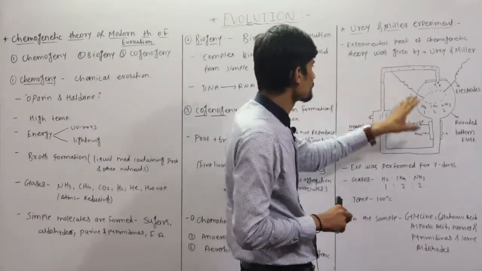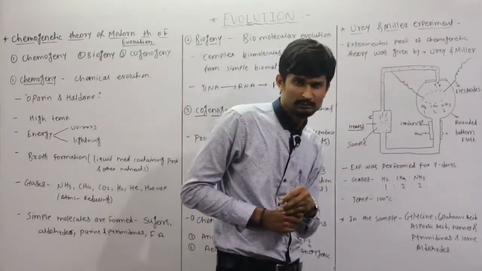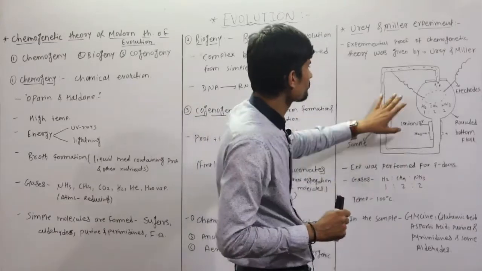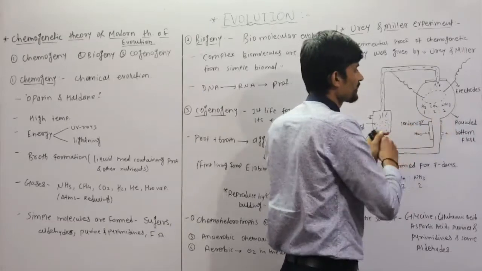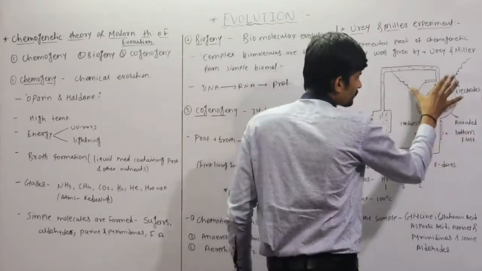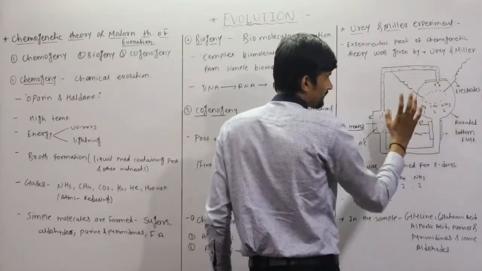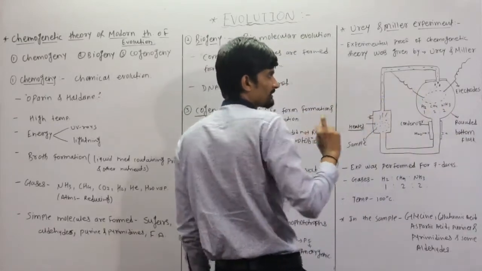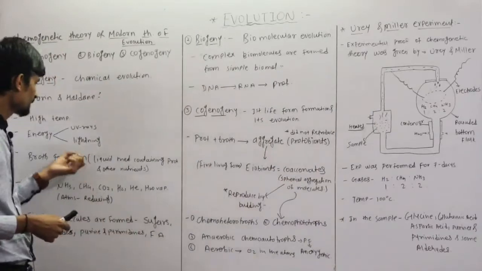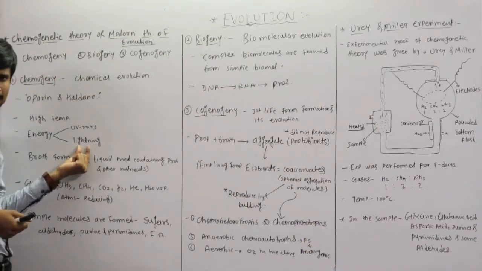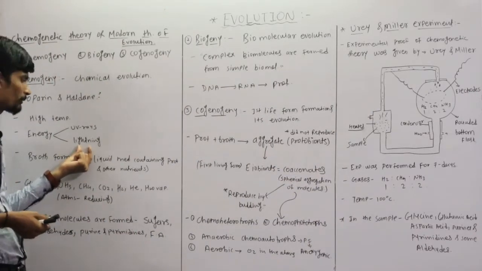So this is the basic setup of Urey and Miller's experiment. What they performed: they took a rounded bottom flask, and in the rounded bottom flask they arranged electrodes as a source of energy for a lightning process, because lightning is a form of energy.